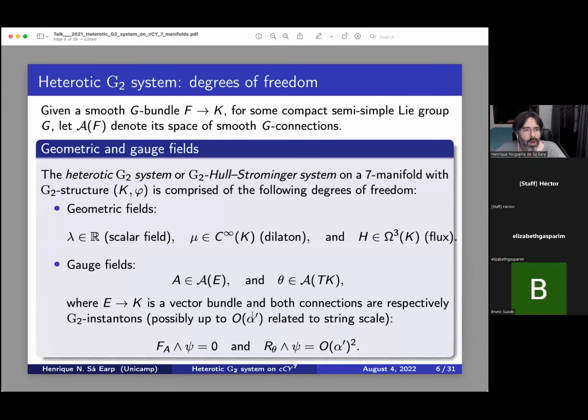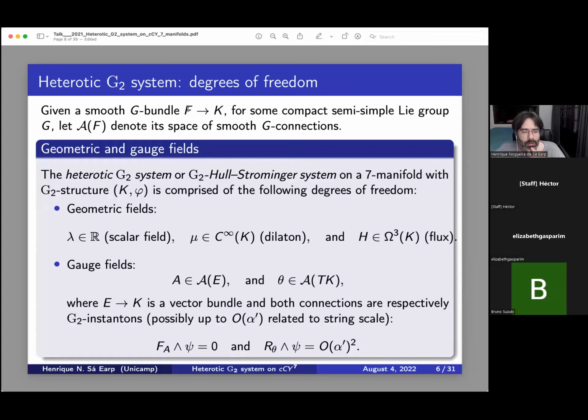So now the degrees of freedom mobilized in the heterotic G2 system, as posed by work by Eric Svanes, Xenia de la Osa, Magdalena Larfors, and in a number of works of the past 5 to 6 years, consist of the following. They set up the following request.